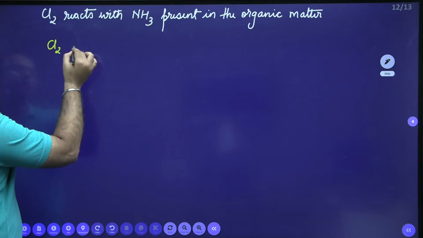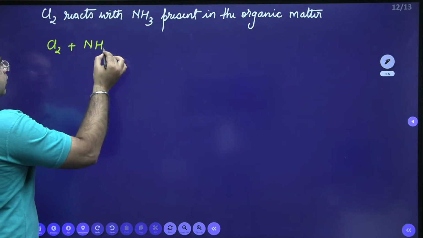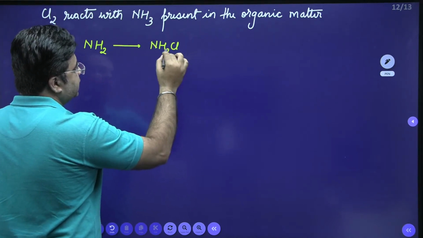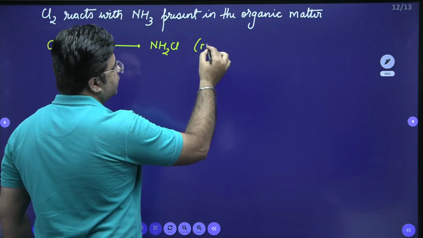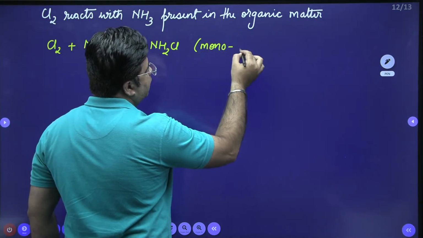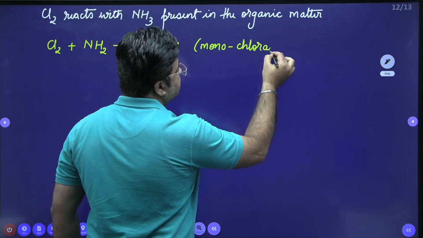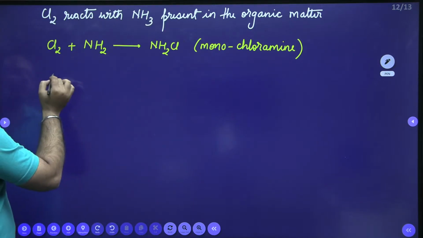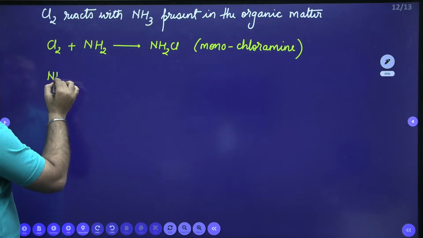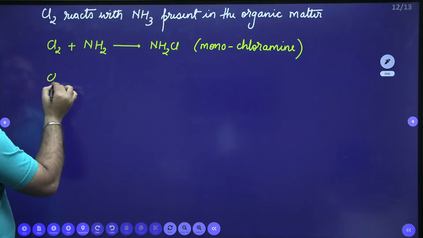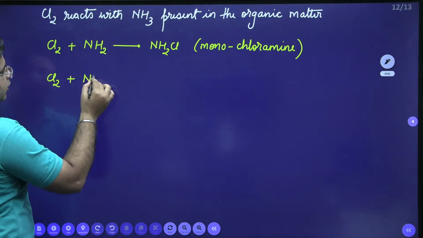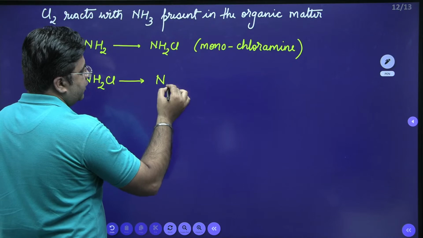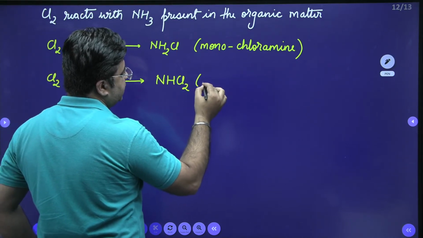So, Cl2 reacts with NH3 to give NH2Cl. This is known as monochloramine. Now, chlorine reacts with monochloramine to form dichloramine, NHCl2.